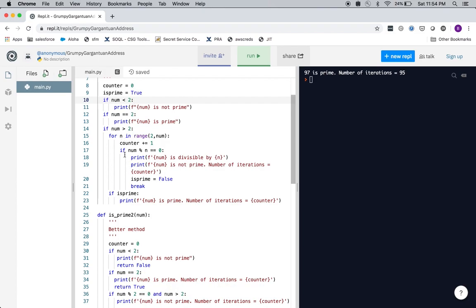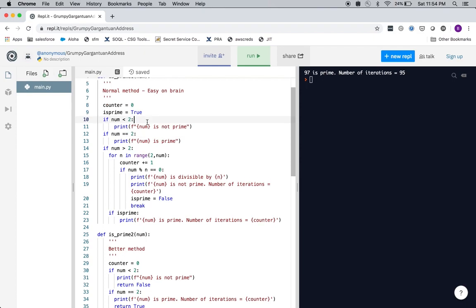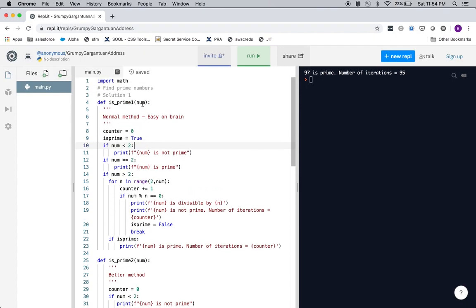iterate over a range of numbers. Let's say the number passed in as the parameter was 17, then we would have the range 2 through 16, because in the range function, the number that we specify in the second position is not included, it's excluded.